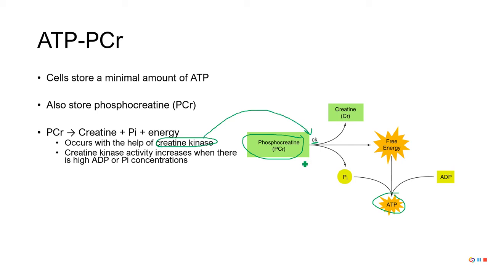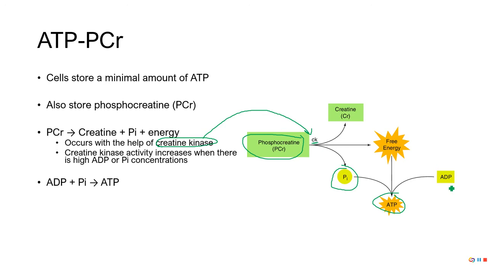All right, so we break this phosphocreatine down and three things are produced: creatine, a phosphate group, which is important, and energy. Then we can take that energy released from phosphocreatine to take an inorganic phosphate and an ADP to form ATP.